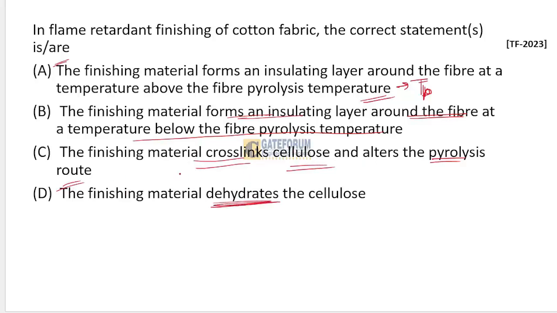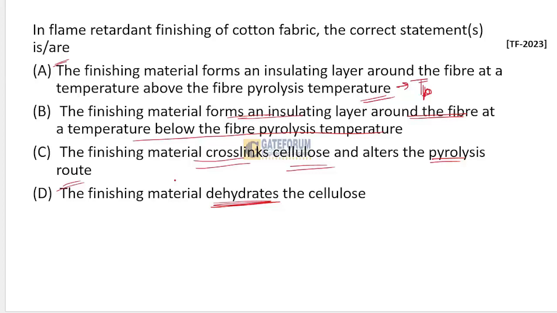If you know about FR finishing, means flame retardant finishing of cotton, this flame retardancy is used in many protective textiles as well, where the objective is that the fabric does not catch fire and should be retardant. There are many compounds used for flame retardancy. So what actually is the mechanism? In FR finishing of cotton, the material forms an insulating layer around the fiber at a temperature below the pyrolysis temperature.